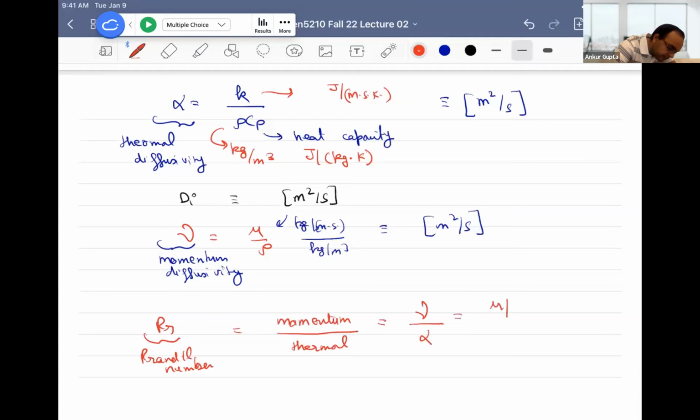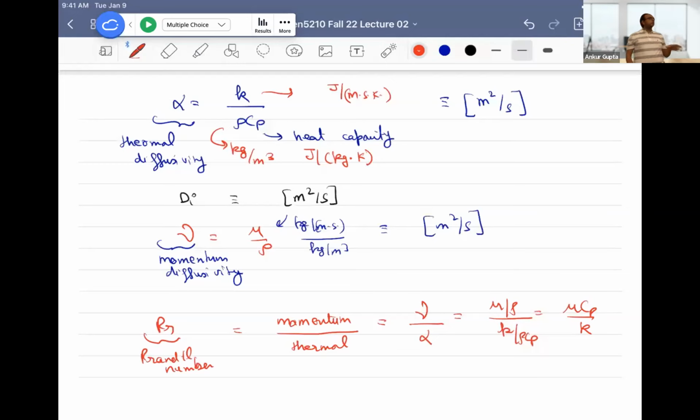This is mu by rho by k by rho Cp, and that becomes mu Cp by k. So again, you can find this Prandtl number for typical liquids, gases, and so on. Right? Prandtl number helps you compare all these things.